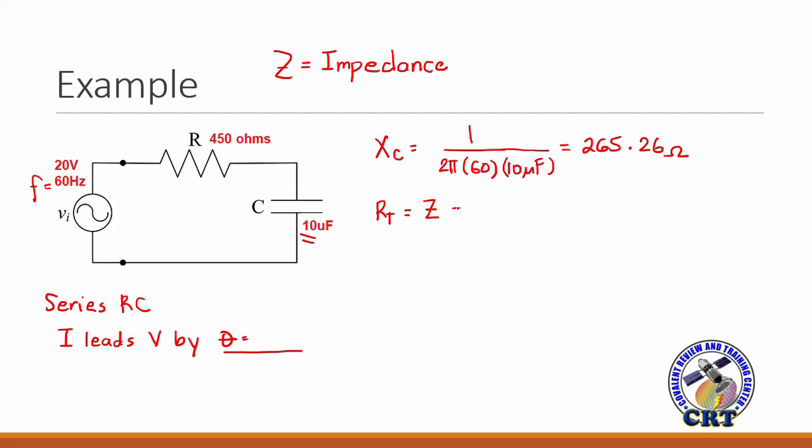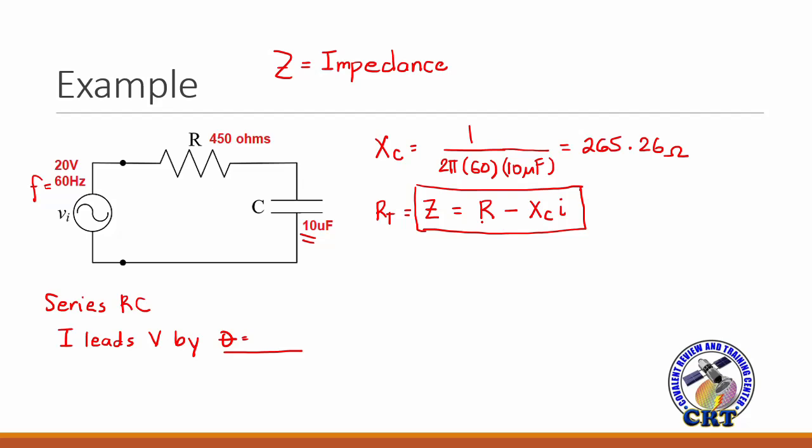So in this case, this is R, that is the ohmic value for the element R, plus, or rather minus, because the ohmic value of XC, as we discussed earlier, corresponds to negative i. So this is the formula for series RC circuit.